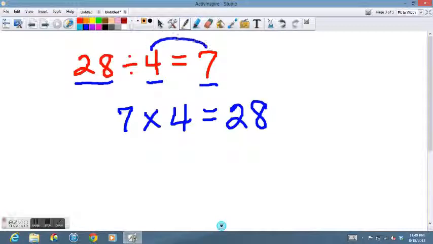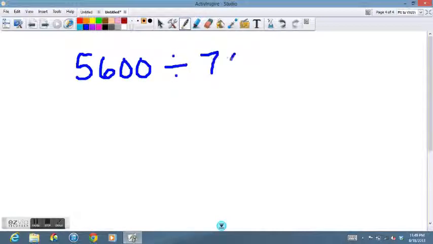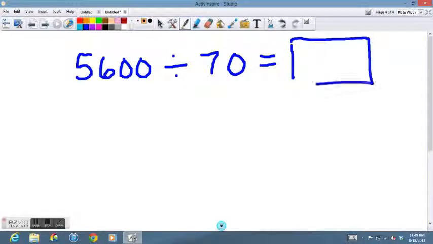So these two numbers, when multiplied together, give you the first number. Well, we're going to use that idea in order to solve a division problem. Let's just say we have 5,600 divided by 70. And of course, there's some answer to that.